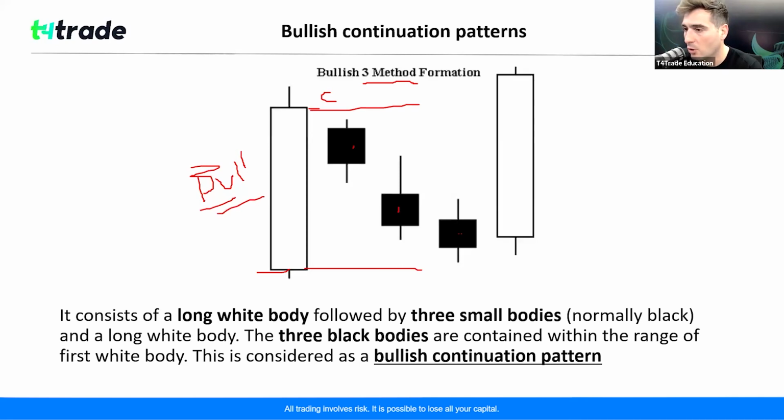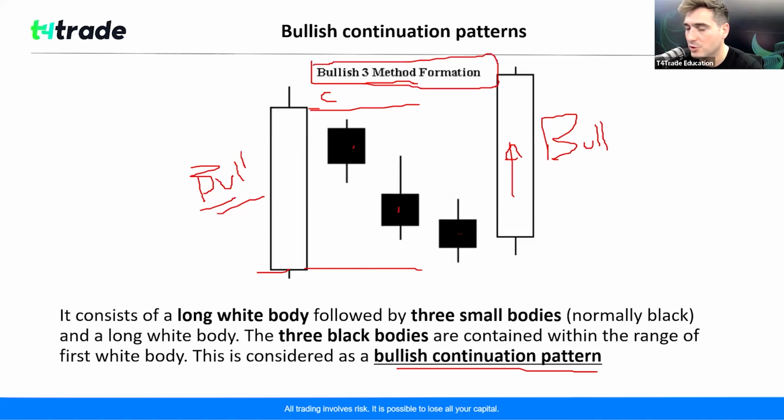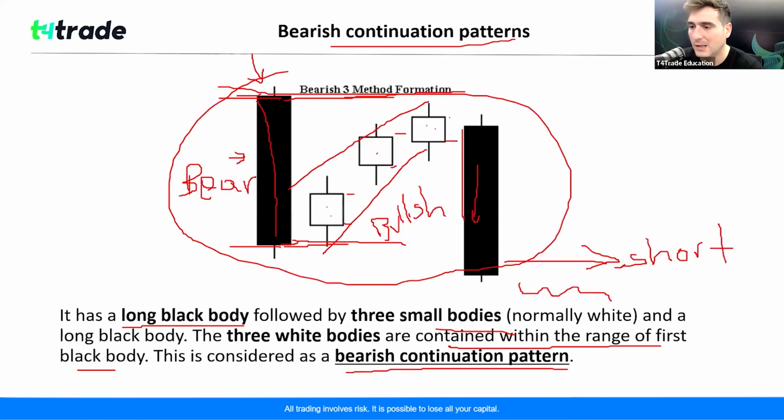Okay, followed by a surge of price action with a big bullish candle is what we call a bullish continuation pattern, which is the three method formation. Okay, completely the opposite to this.